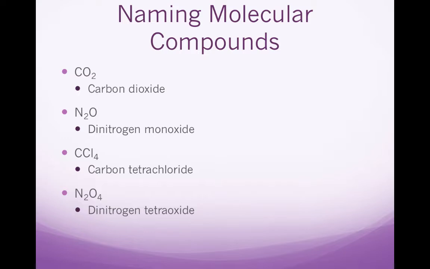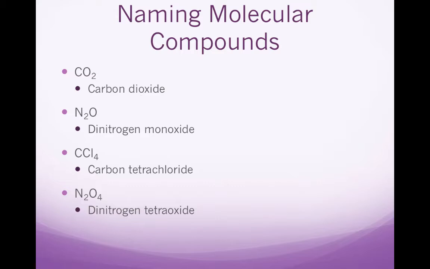Okay, here are some examples. So what we do is, we have the name of the first element. So here it's carbon. Then we have the name of the second element with ide, oxide. And then we have to put prefixes in. If the first element has just 1, so its prefix would be mono, we don't include that. But the second element will always have a prefix, even if it's 1.